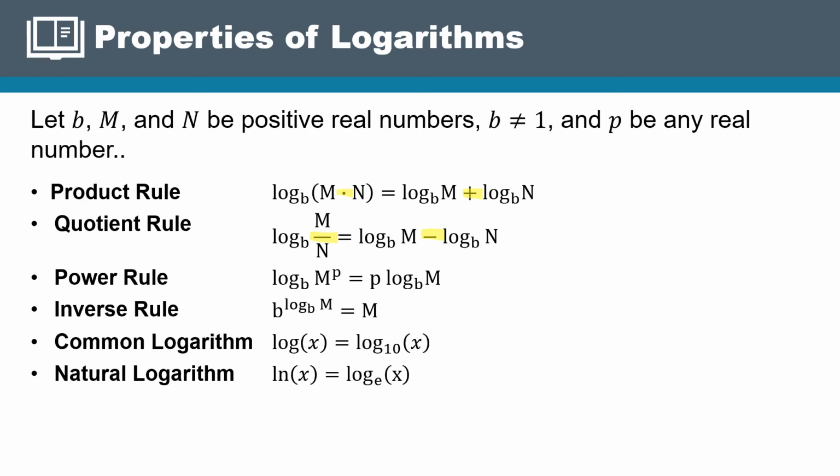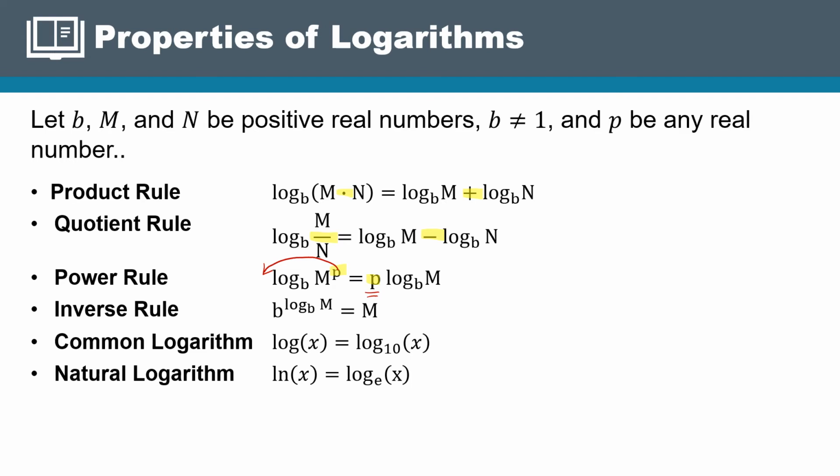The power rule, log base b of m to the p power. So we're raising it to the p power. We bring that p in front of the log expression. So it'll be p times the log base b of m. So that p will come in front of the logarithmic expression.